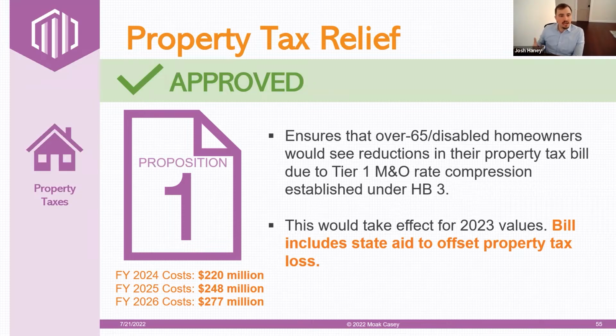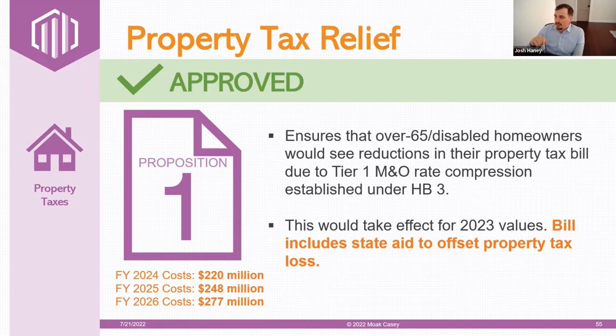My bill is not going to go up, because my levy amount is frozen. So even though my values are going up, if I wasn't 65, my tax bill would go up along with those values. But because I turned 65 a couple years ago, that levy is frozen and it's not going to go up.